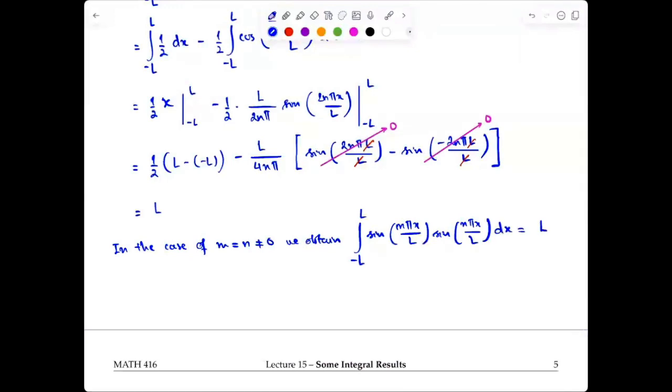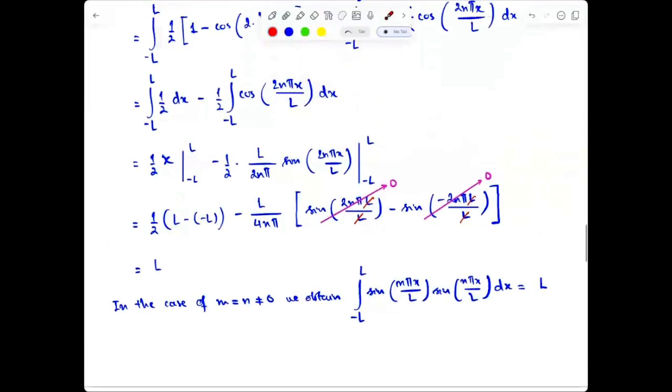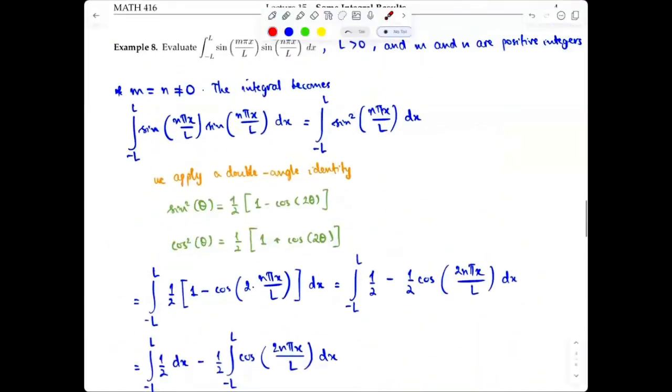Okay. At this point you may wonder, we evaluate an even function here. Should we rewrite the integral to get 2 times the integral from 0 to L instead of evaluating over the entire domain? I mean, you can. There's no restriction to that. The answer should give you L as well at the end.